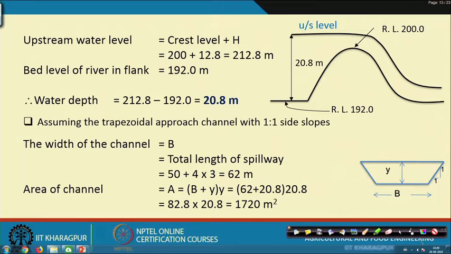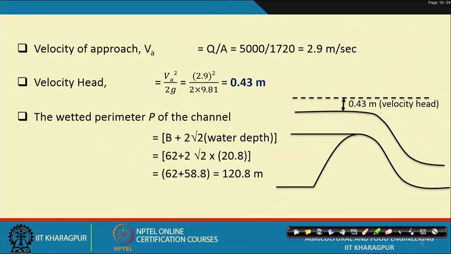Now, coming to the area of the channel, it is B plus y into the depth y. So it comes out to be 1720 square meter is the area. This is the total dimension of the channel. Now, coming to the velocity of approach, which is Q, the discharge, divided by the total area of the channel.